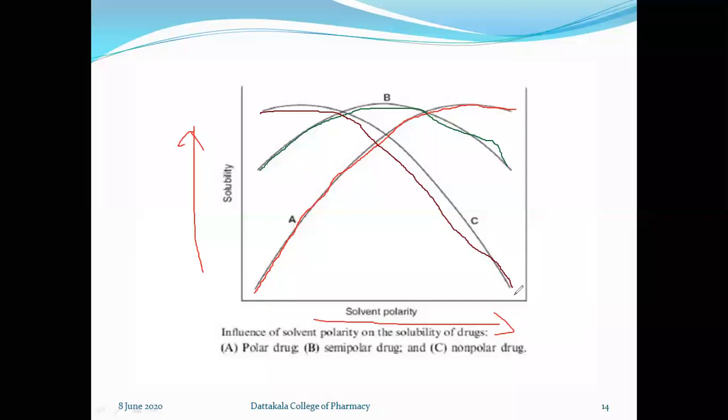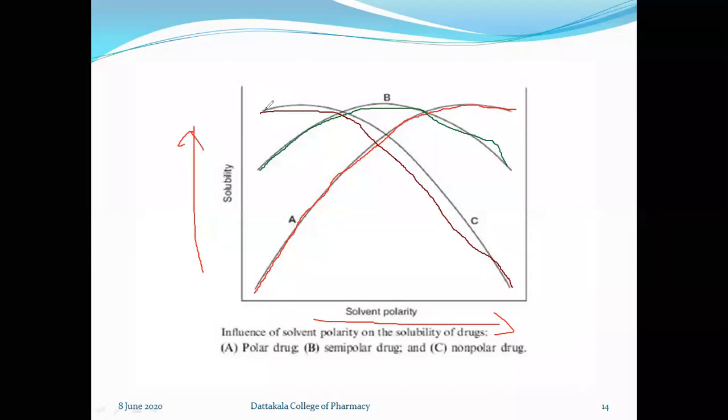The polarity of the solvent is constant, but the polarity of the solute, that is the polarity of the drug, is low. That's why in case of the non-polar drug, it will show less solubility in the polar solvent, and polar drugs show a greater extent of solubility in the polar solvent.